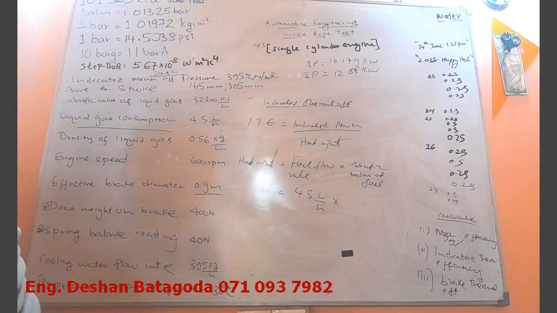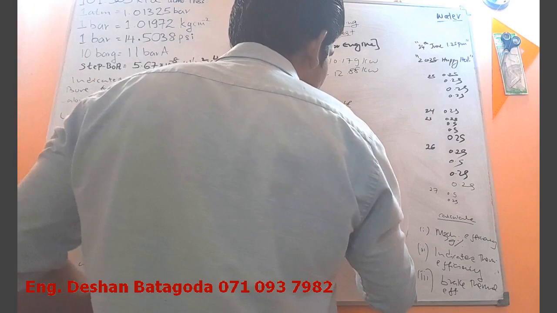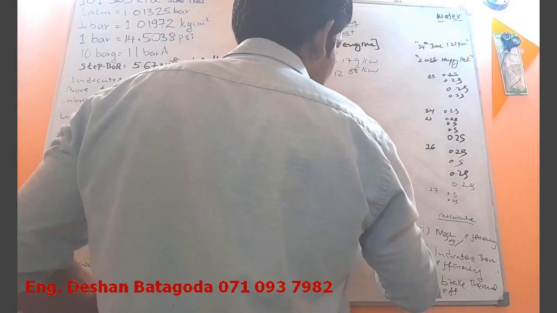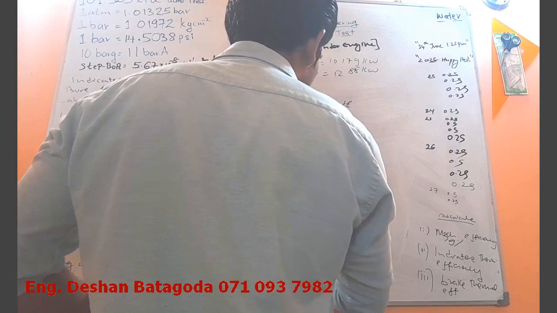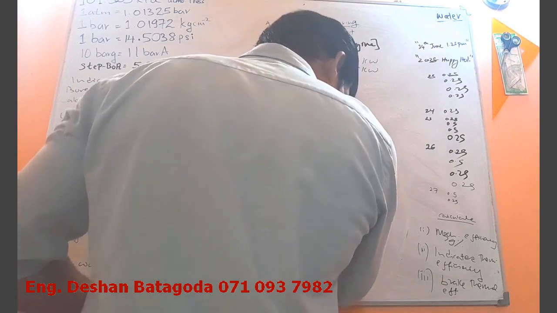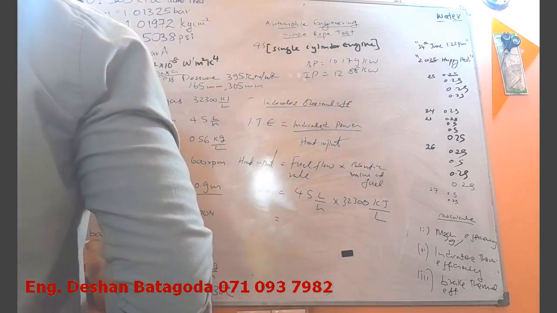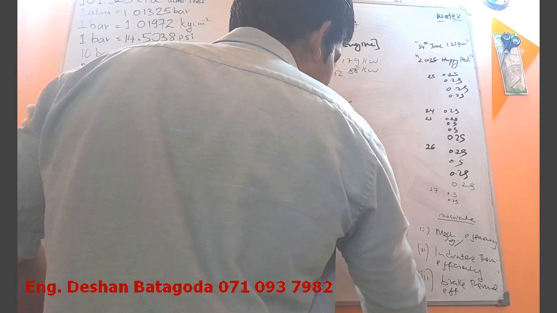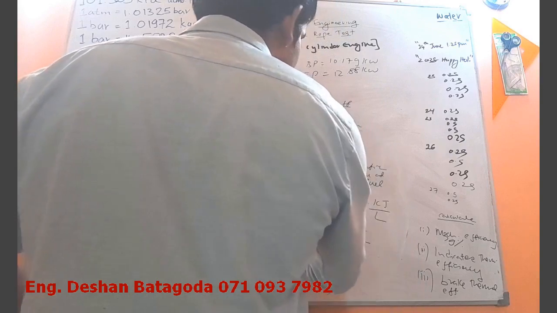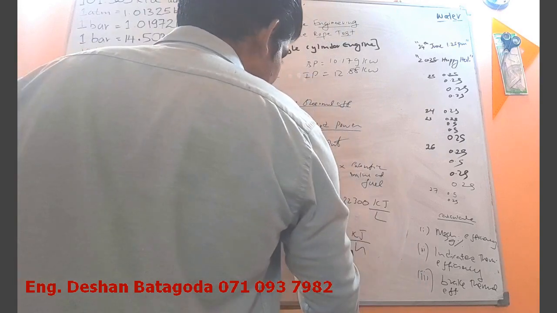Then what is the calorific value? 32,300 kilojoules is given per 1 liter. Then we can calculate the heat input in kilojoules per hour.